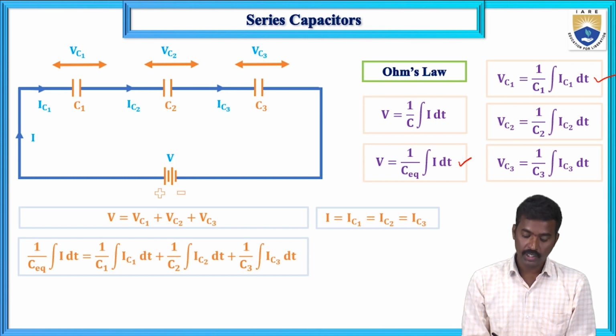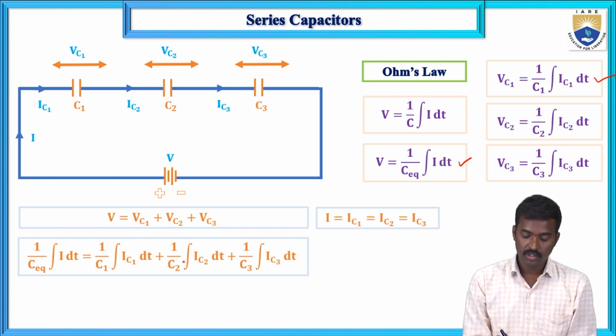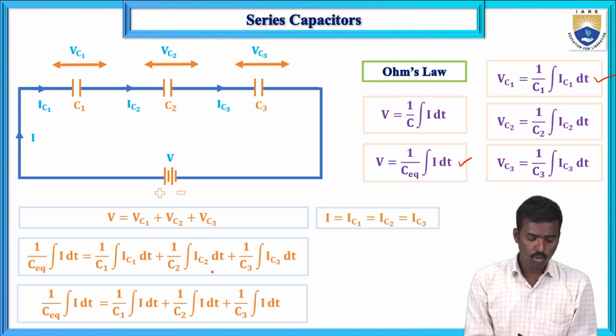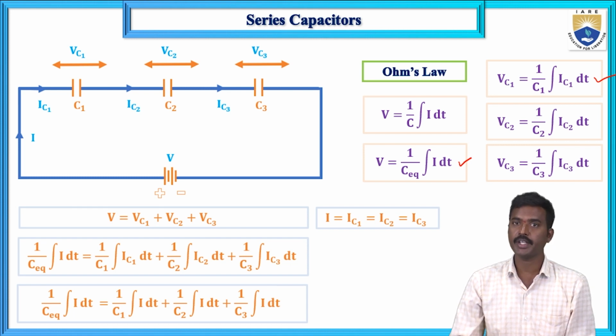the same current flows through each element, that current equals the supply current. So you can replace IC1, IC2, IC3 with I. Now 1 by C equivalent integral of I dt equals 1 by C1 integral of I dt plus 1 by C2 integral of I dt plus 1 by C3 integral of I dt. The common term on the RHS is integral of I dt, which you can take as common.